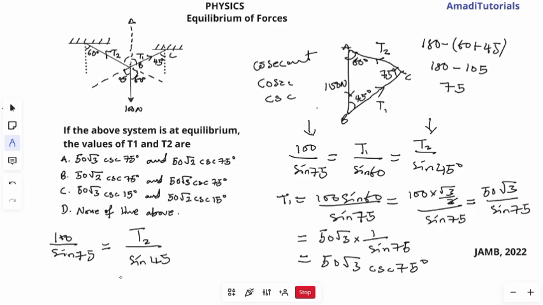If you make T2 the subject of that equation, you have that T2 will now be 100 sine 45 divided by sine 75.